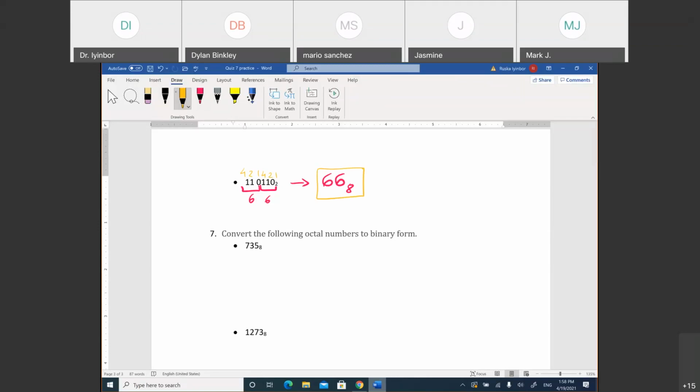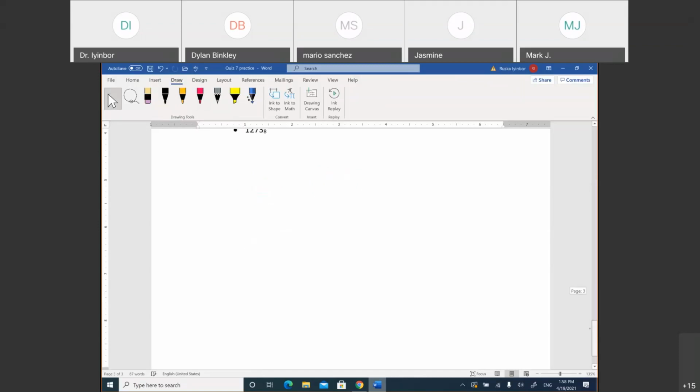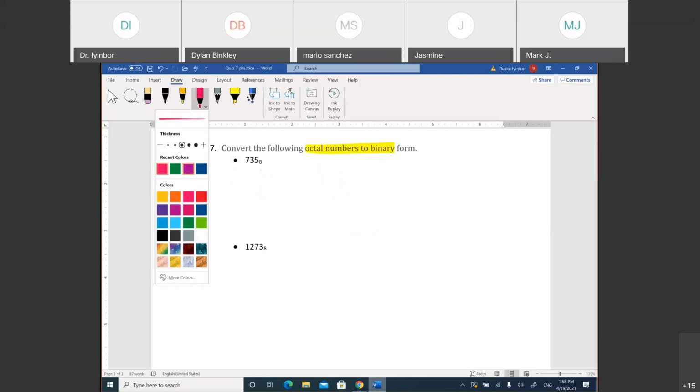Okay, so then we have another one where you have to change. Oh, this is actually the last one, number 7. We have to change octal to binary. So we're going to do the same. Each digit is going to be represented with binary. So I'm going to break it down.